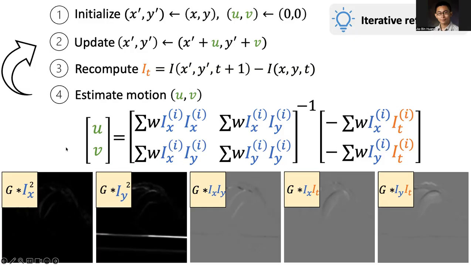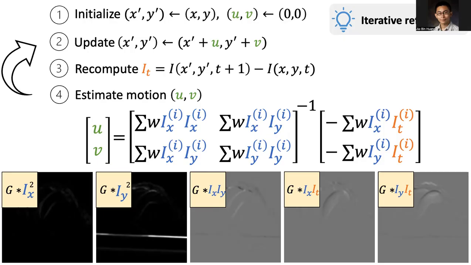If you look at this equation, you are solving U and V with this matrix transpose, and if IT is actually 0, 0, then the whole right-hand side will be 0, 0. Then what is the solution to this linear system? I have a 2 by 2 matrix times UV equal to 0, 0. That 2 by 2 matrix is not 0.